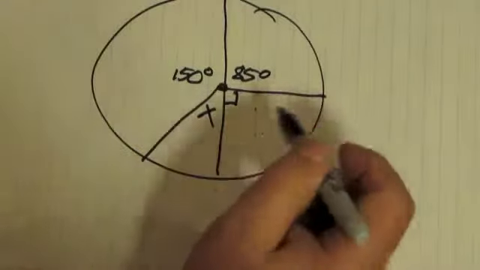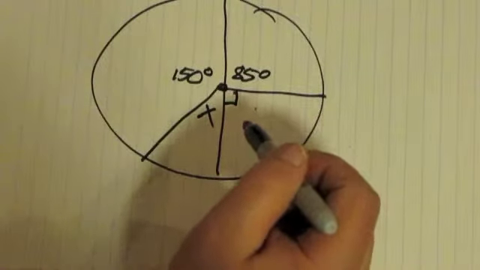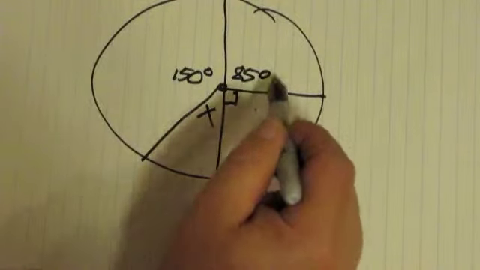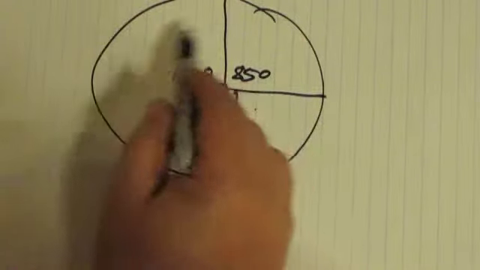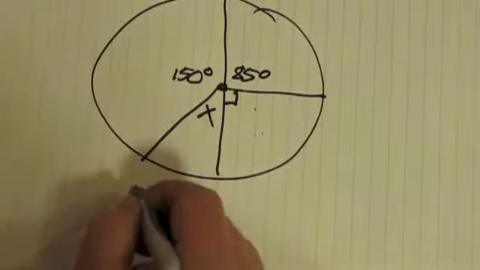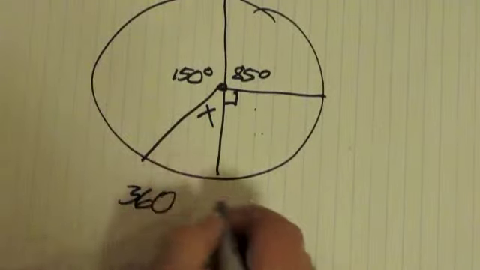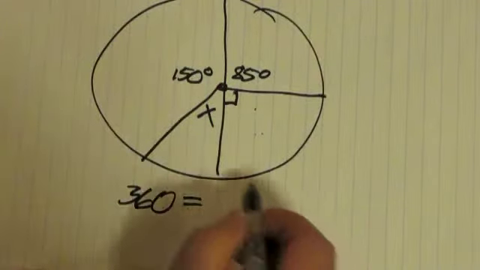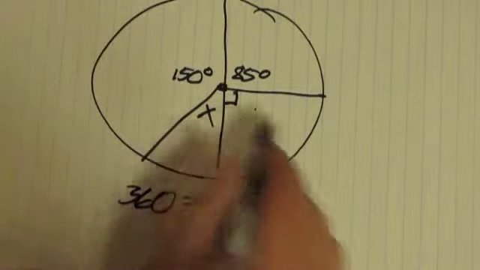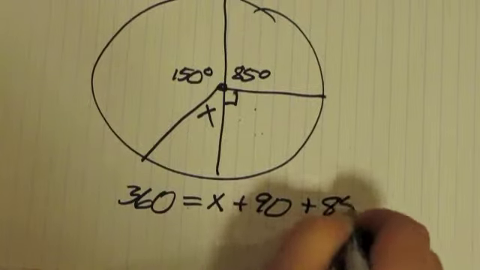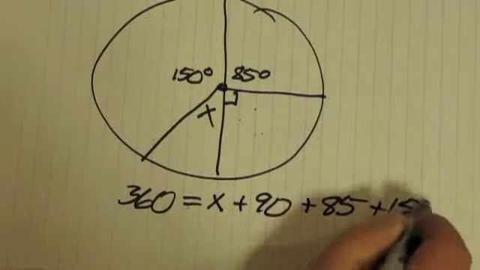And so we can see that these angles are all the angles in a circle, and that they need to therefore add to 360. So I know 360 equals x plus 90 for the right angle plus 85 plus 150.